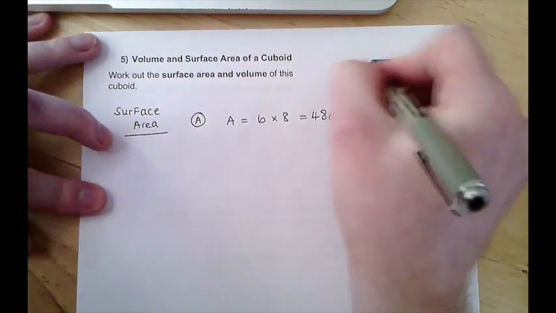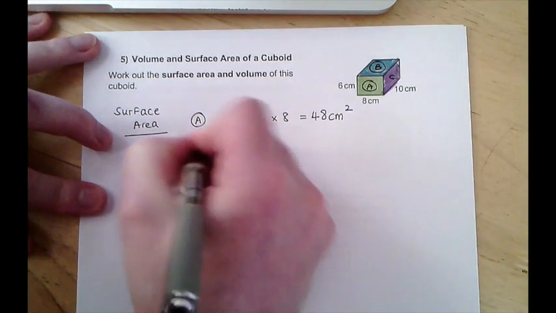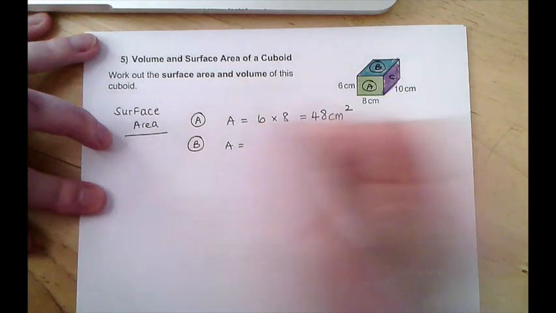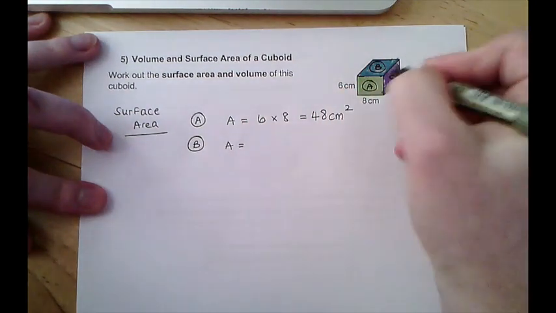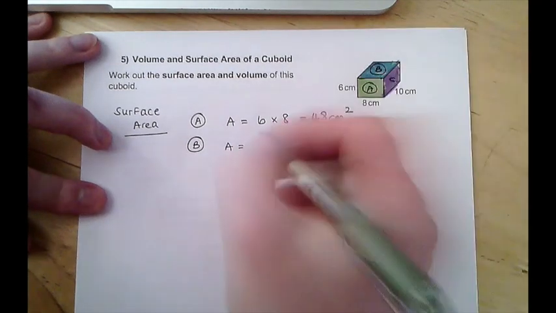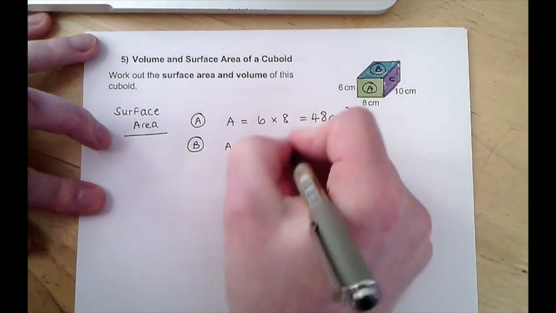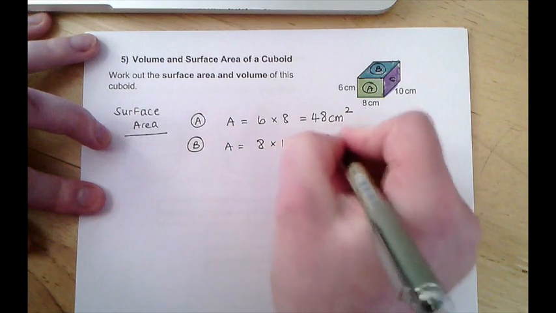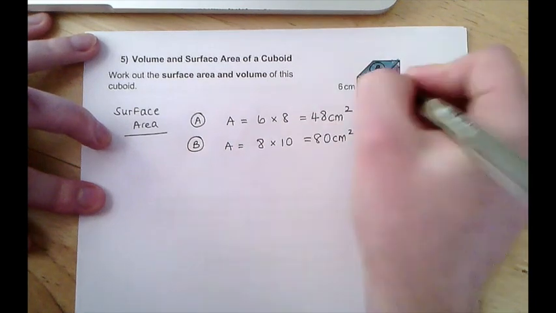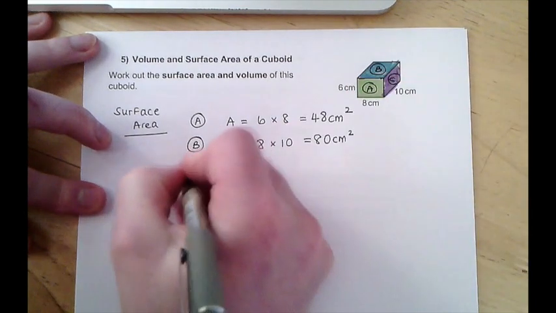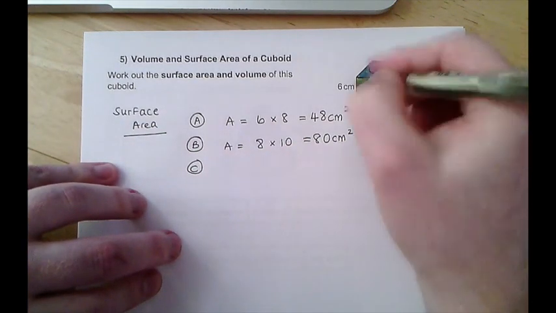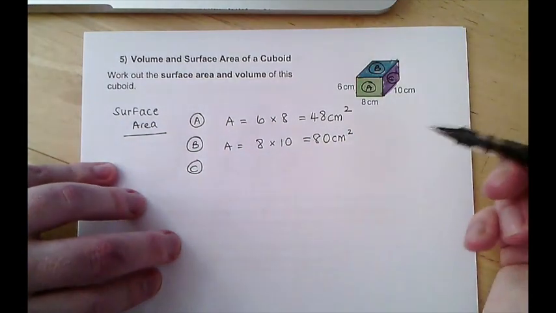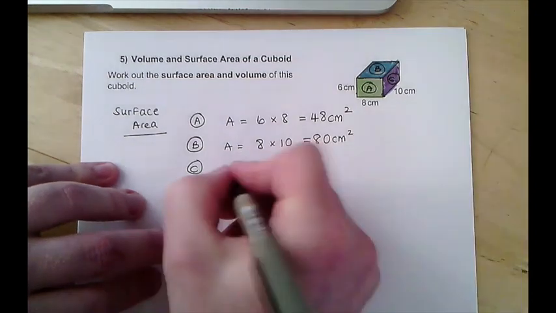If we look at B, that's going to have an area of 8, because it's the same length as this, times 10, because it's the same length as this, which is 80 centimetres squared. And then C is going to have an area of 6, because it's the same length as that side, multiplied by 10.